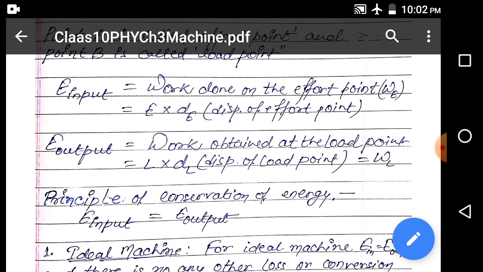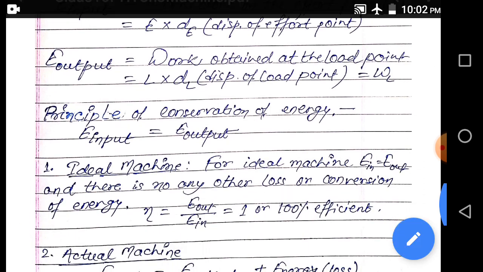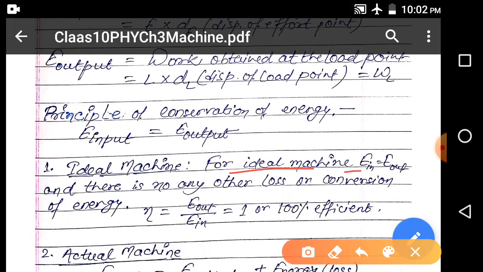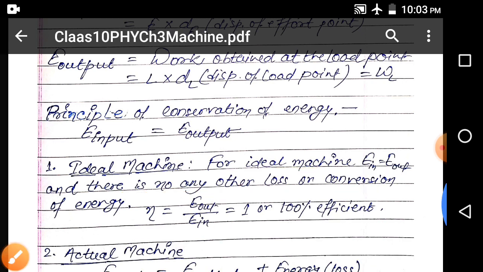Now see about the ideal machine. For an ideal machine, the energy input is equal to the energy output, and there is no loss or conversion of energy. Here eta equal to energy out by energy in, that means 1, that is 100% efficient. The ideal machine is 100% efficient.